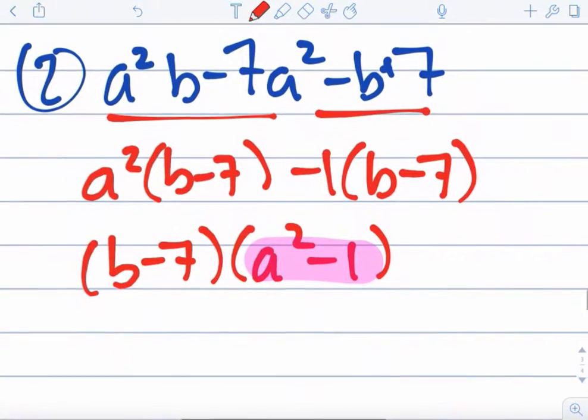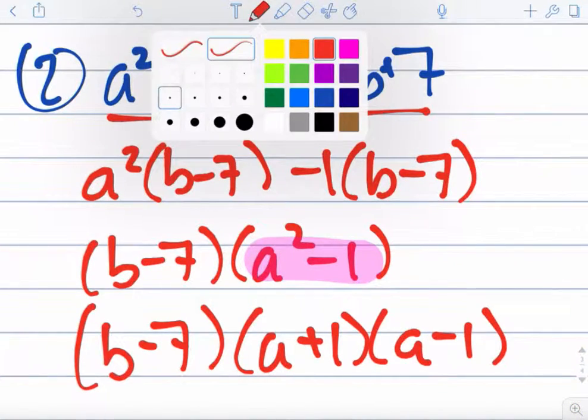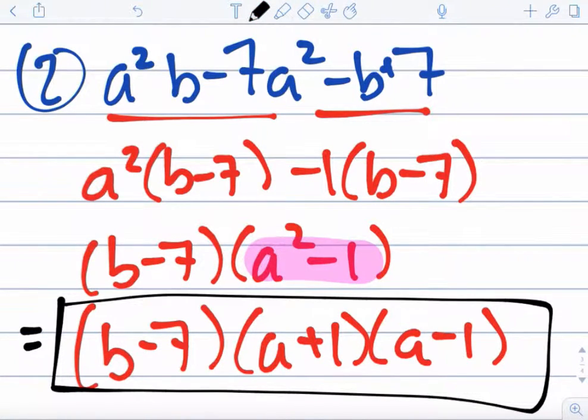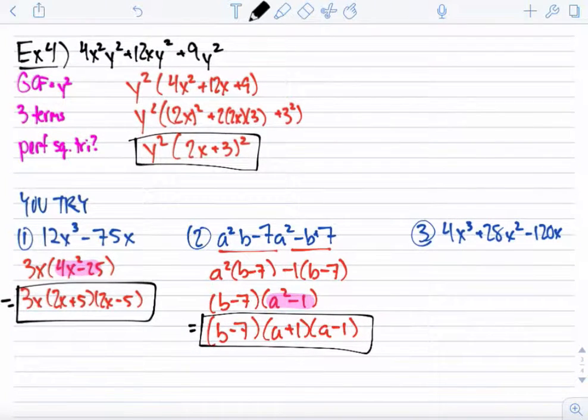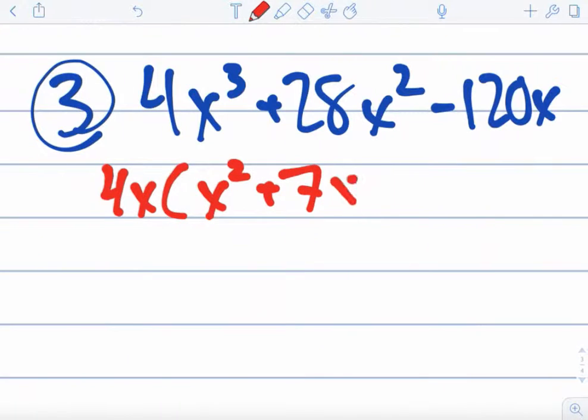You'll see difference of squares a lot, so get comfortable with it. a minus 1, a plus 1. Then coming over to 3, is there a GCF? There is a GCF. A 4x comes out, and I'm left with x squared plus 7x minus 30.